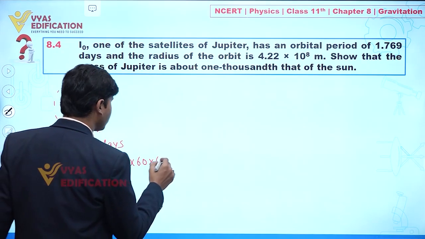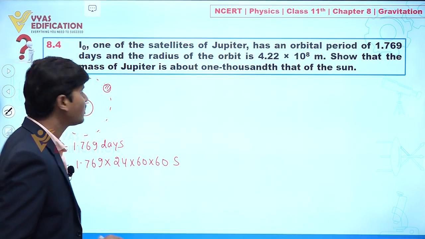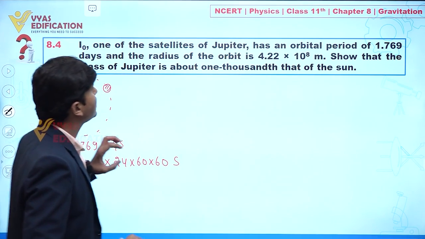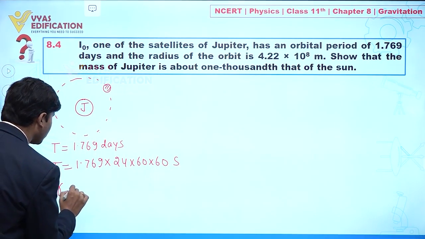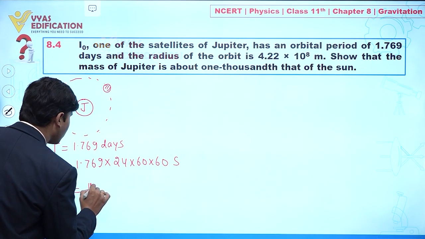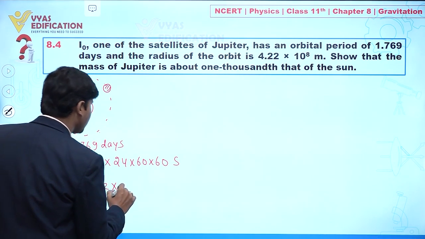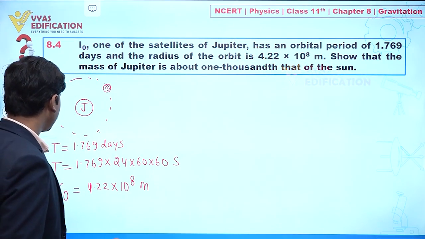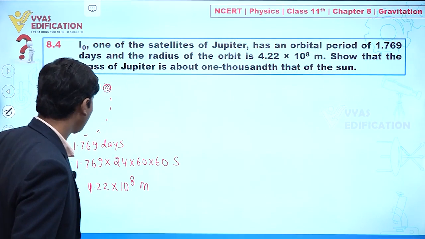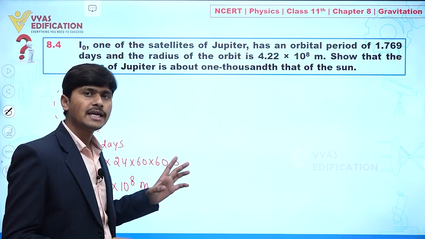So now this is the time period in seconds. Now the radius of orbit is also given, 4.22 into 10 to the power 8 meter.